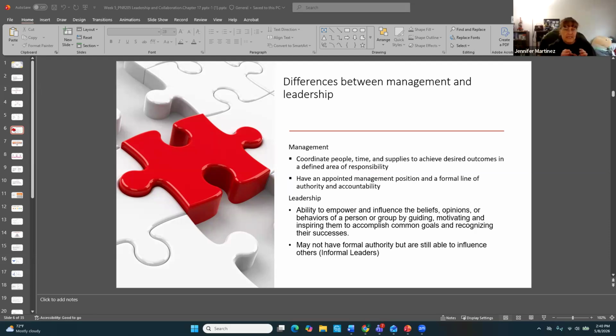They know all the ins and outs of that one area, but they don't have a formal leadership position, okay? But everybody knows, when they need something, that is who they go to, right? We've all worked with people like that before. That's what we call an informal leader, okay? They're not in an actual leadership position, but it is somebody that everybody goes to when they need assistance.